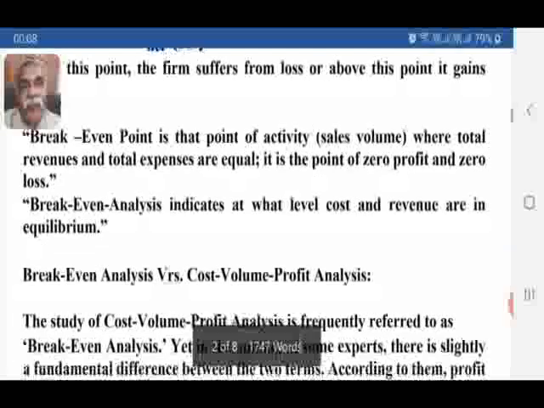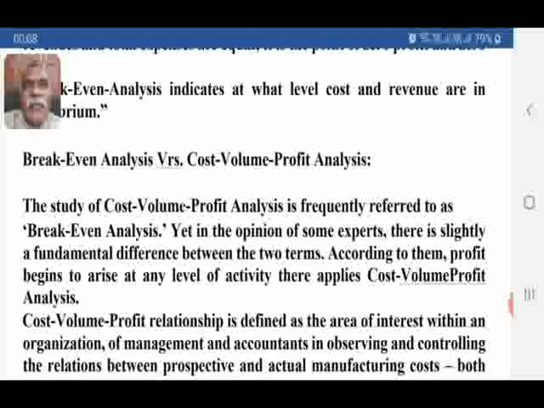Now, we just think about the difference between break-even analysis and cost volume profit analysis. The study of cost volume profit analysis is frequently referred to as break-even analysis.